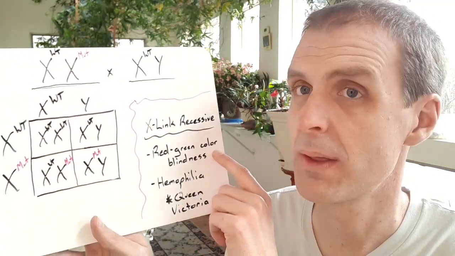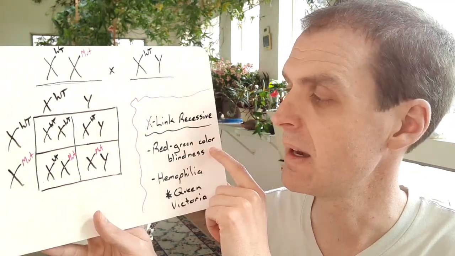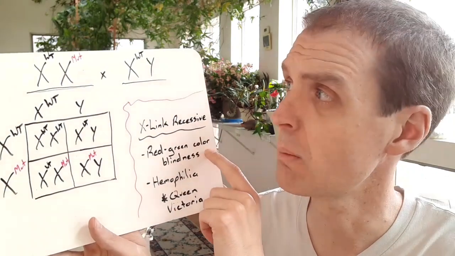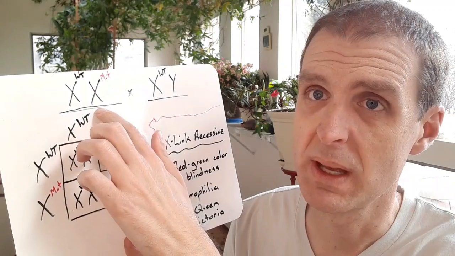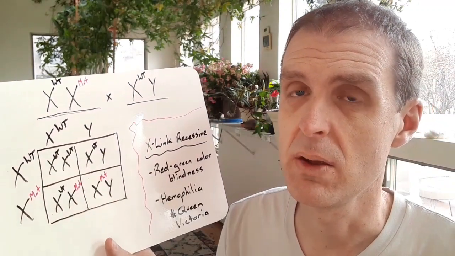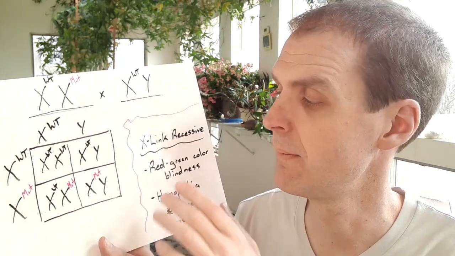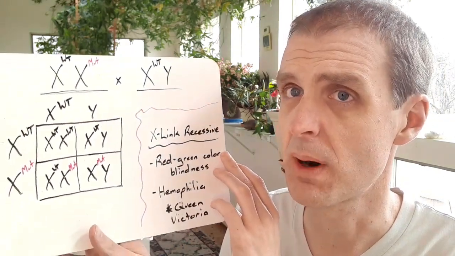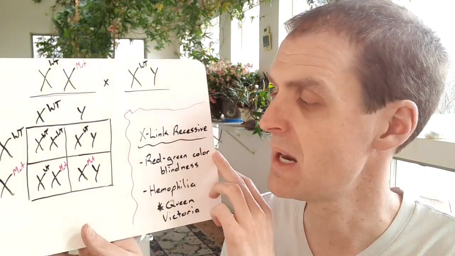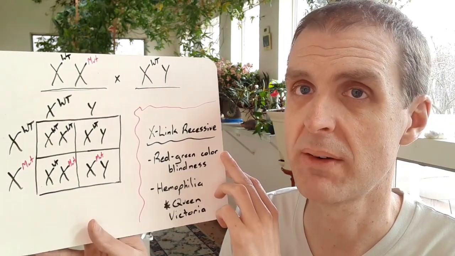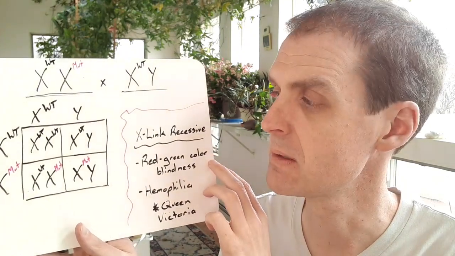And if you do have a female that has red-green color blindness, her father probably was colorblind and her mother was at least a carrier, and then you could end up with 2 X chromosomes that each carry the mutant form. But for the most part, X-linked recessive traits, or genetic diseases, are going to be far more common in males than females.